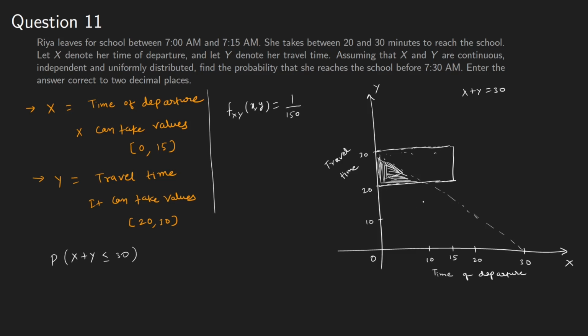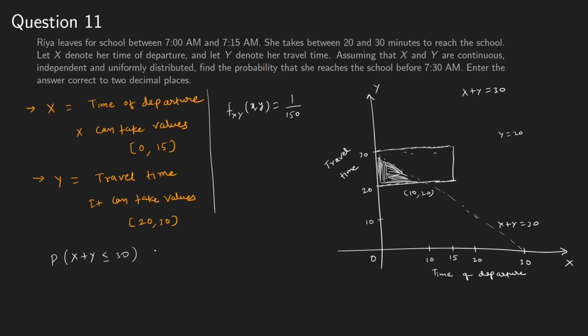So we need to find out where this line x plus y equals 30 and this line y equals 20 intersect. If we put y equals 20 here, we will find x is 10, right? So the x coordinate will be 10 and the y coordinate is 20.